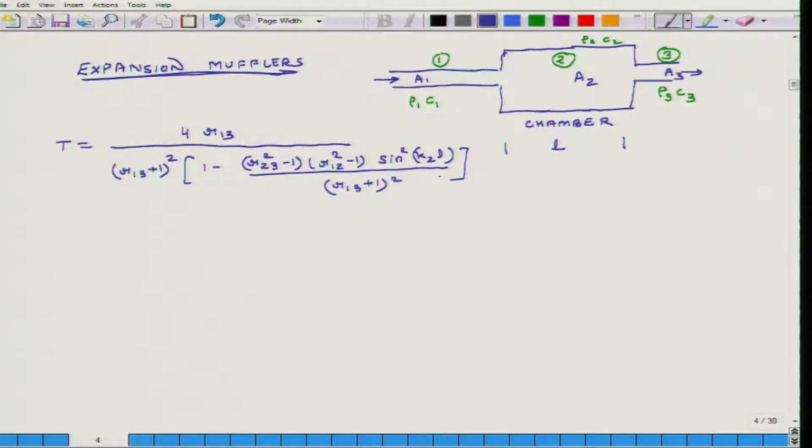Okay. So, that is the transmission coefficient for this kind of a muffler, and if we know the parameters rho 1 C1, rho 2 C2, rho 3 C3, then we can easily compute the transmission ratio for this kind of a muffler.